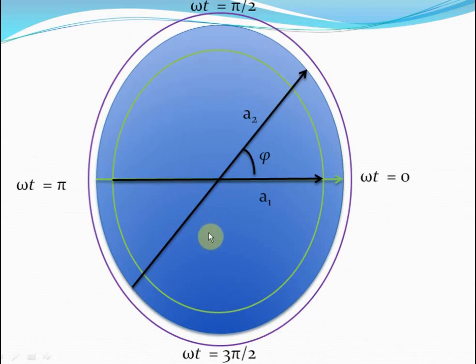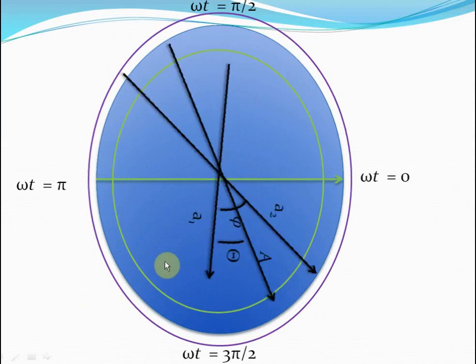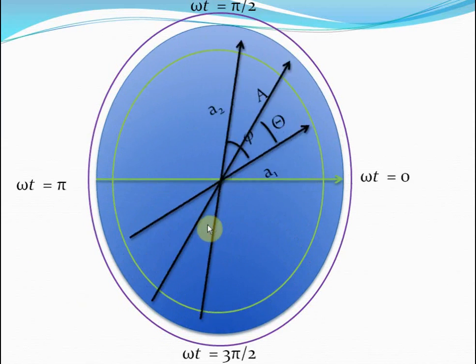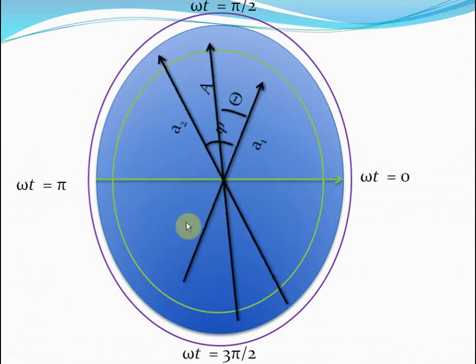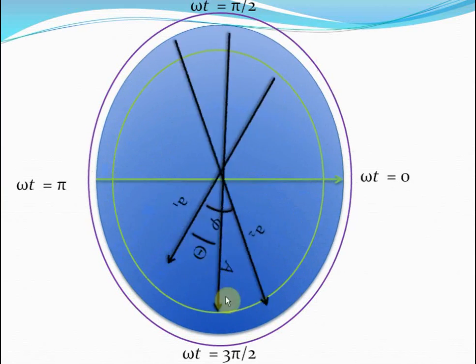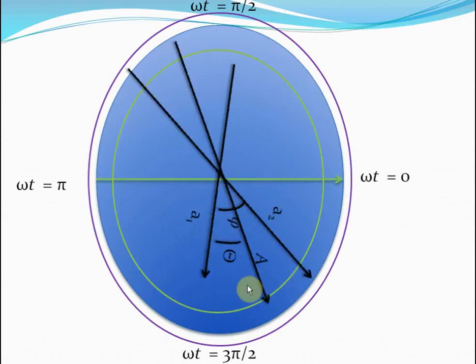The resultant vector will also be a simple harmonic motion with amplitude capital A, and this is how the resultant vector will also rotate. It will of course be placed such that its phase difference from the vector A1 will be theta.